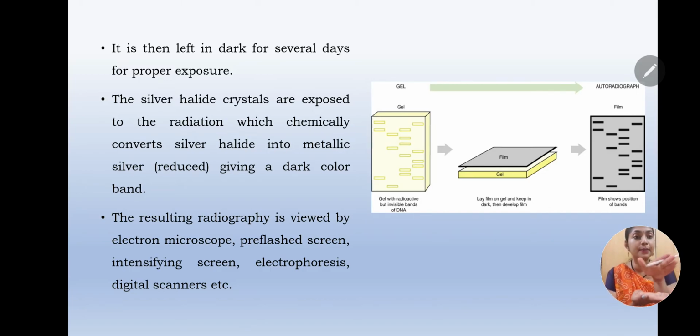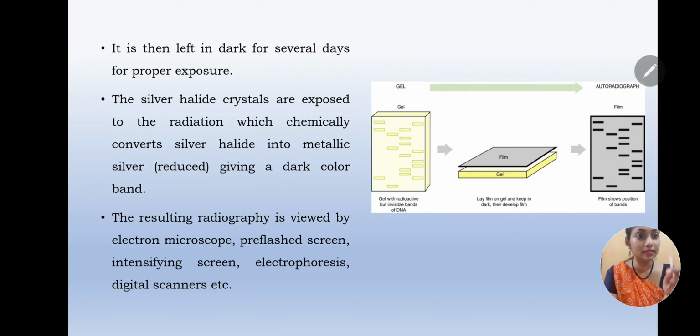is placed below the film. That is, the film is put over the gel for exposure under darkness, and after a week of activity, we can see the photographic film containing bands of DNA with radioactive isotope labels. So wherever there are black bands, we can say that the radioactive labeled DNA was present in that particular region in the gel.